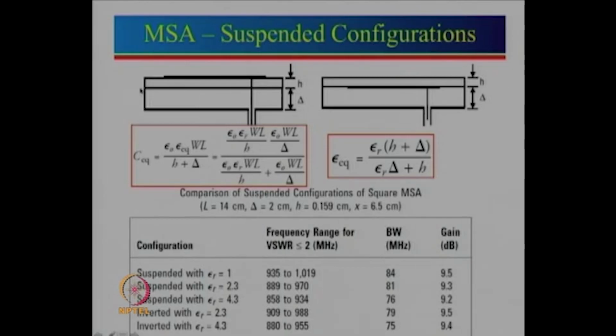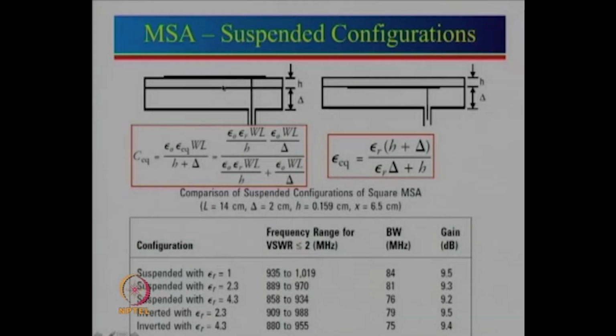So, over here this can be any epsilon r. Now we would like to find out what is the epsilon equivalent of this particular substrate, now a combination of the two. We can actually find out the effective capacitance first. The effective capacitance between this plate and this plate will be given by epsilon 0 epsilon equivalent multiplied by area, which is W into L, divided by total height.